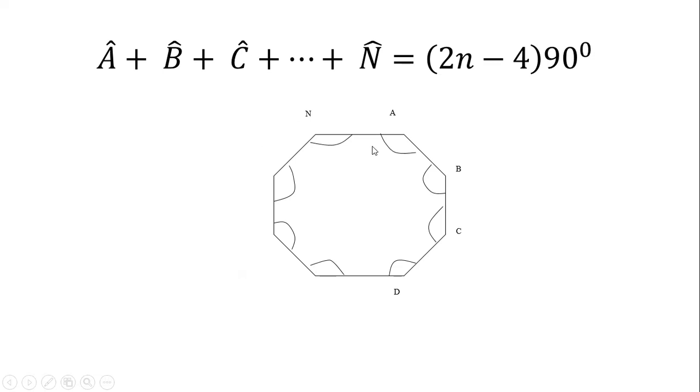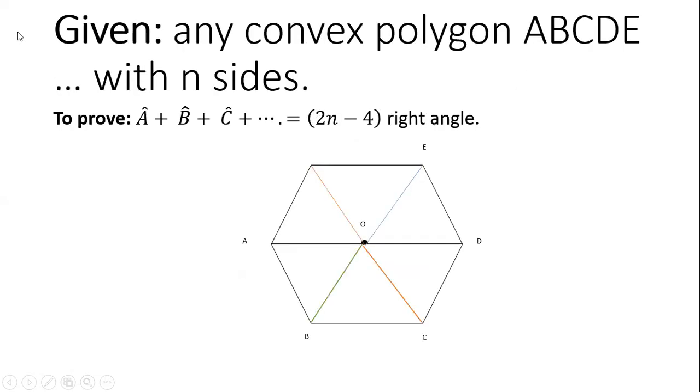We want to prove that all these angles inside the polygon added together will give us (2n minus 4) right angles. That's the convex polygon given with n number of sides, so to prove that the sum of the angles is 2n minus 4 right angles.